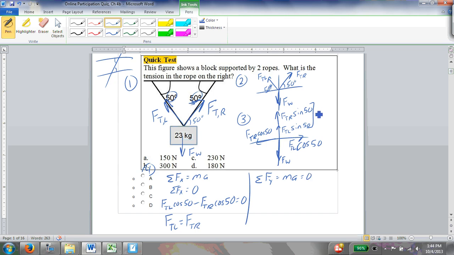And here, I'm just going to combine these two because these two forces are the same. So I'm just going to say 2 FT sine of 50 minus FW equals 0. And then I solve for FT. I add FW to both sides, and I divide by 2 sine of 50. That's mg over 2 sine of 50.